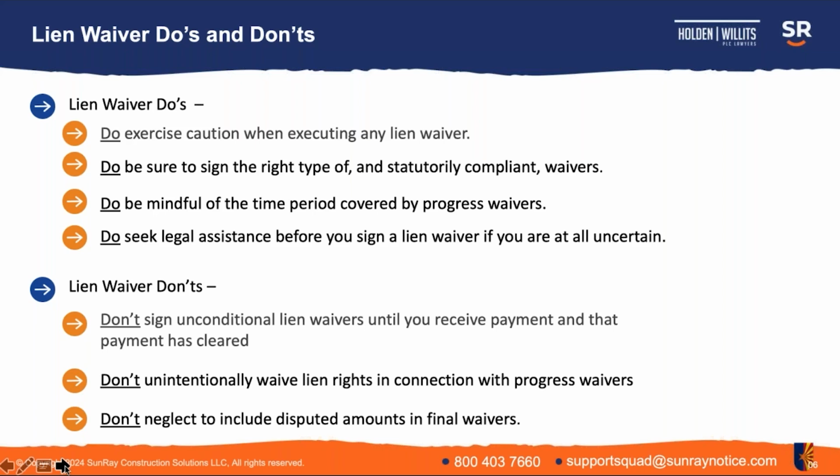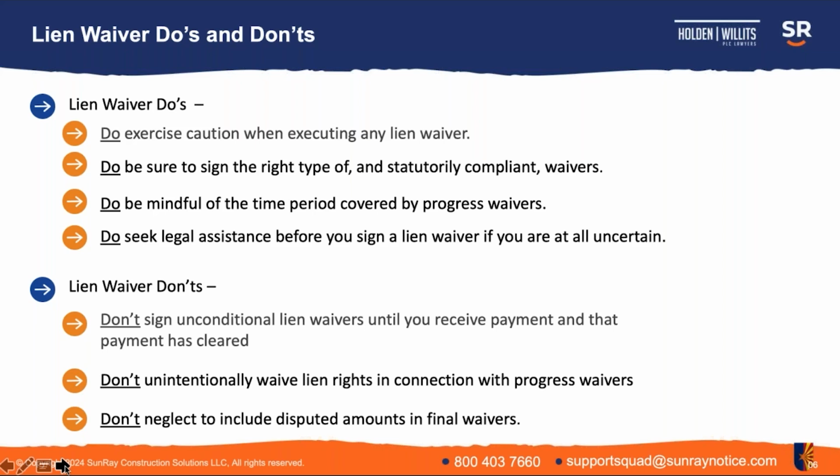So if you have a situation where a payment application is in dispute and hasn't been paid for whatever reason, and you're submitting another payment application, and with that payment application pursuant to the contract you're submitting a conditional lien waiver, you want to be very, very careful not to waive your rights for the previous unpaid payment application with the conditional waiver you're providing with a new payment application.